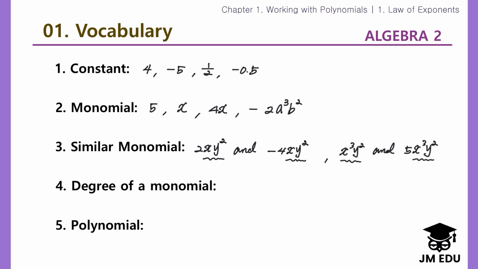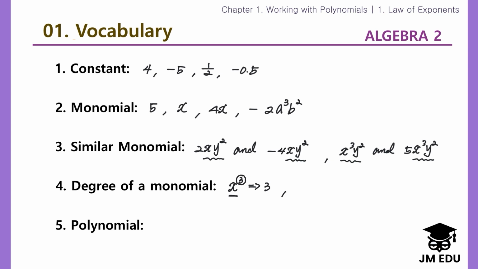Degree of a monomial is the sum of degrees of the variables. For example, let's say we have x cubed. Then the degree of this monomial is 3, and this is only one variable, right? But let's say we have a monomial with 2 variables.